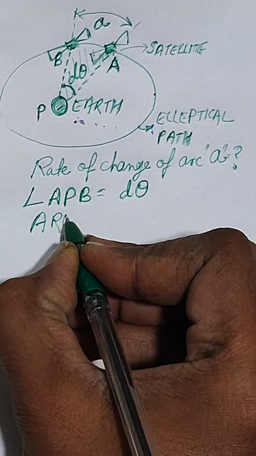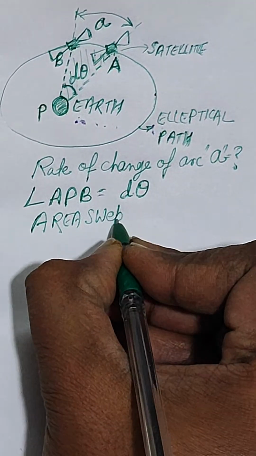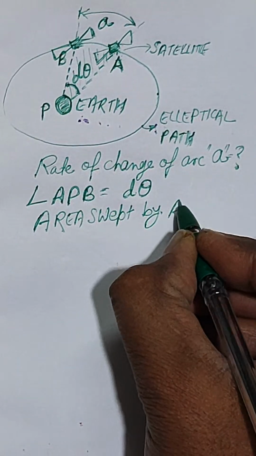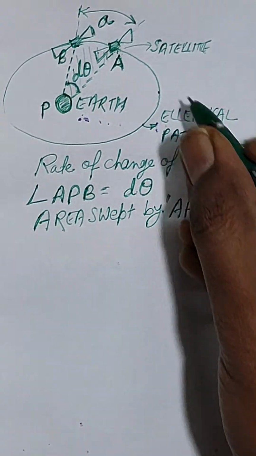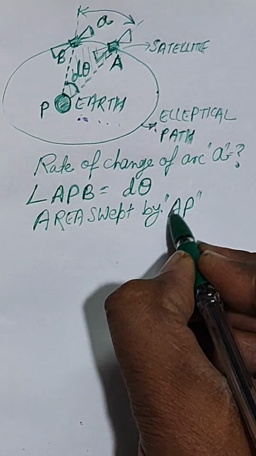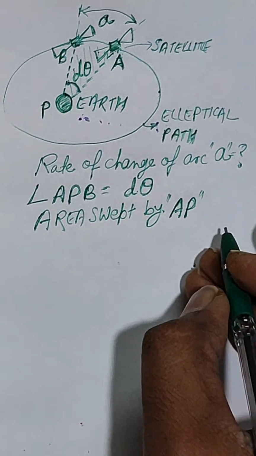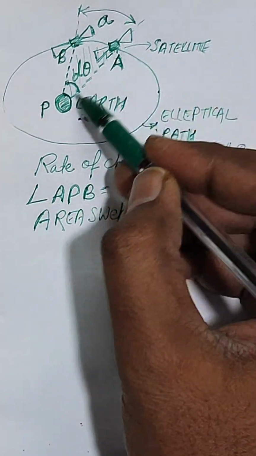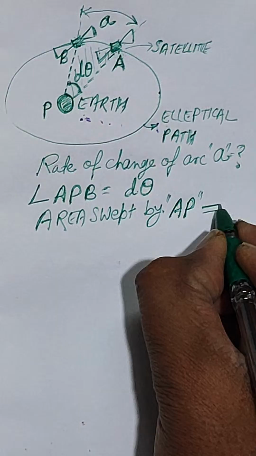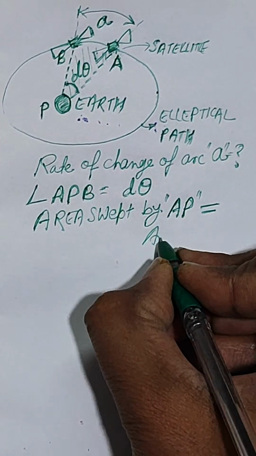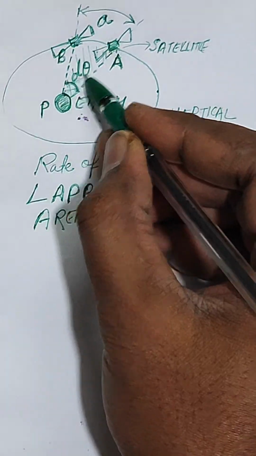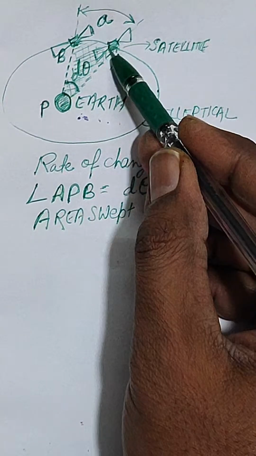So the area swept by AP, this is the line joining Earth and satellite, this line I am saying, is equal to the area of the triangle APB, the triangle which I have shown.